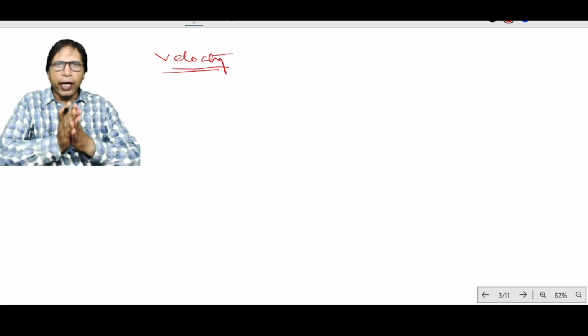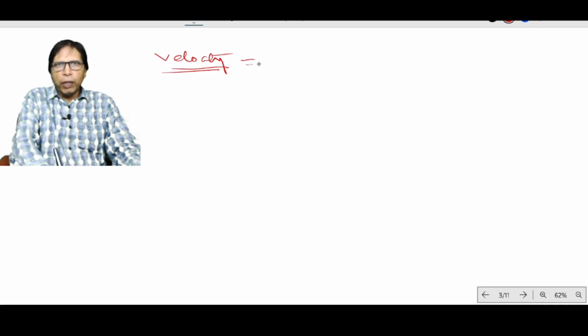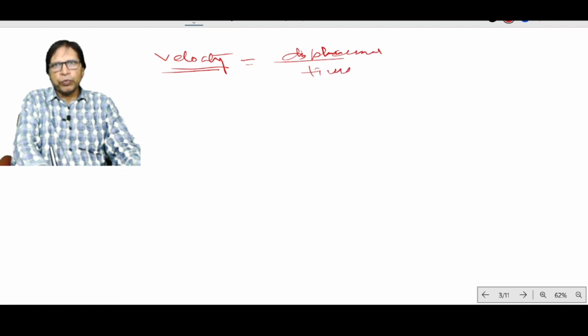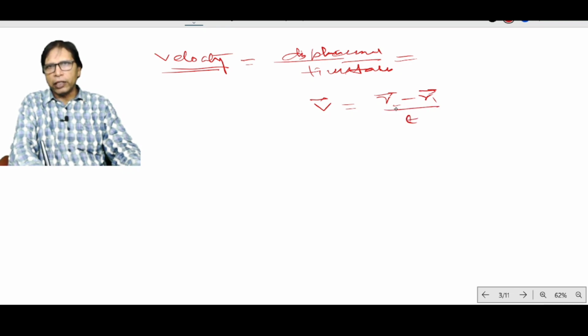Now velocity. Velocity is the displacement divided by time taken. So look at this, velocity v equals displacement divided by time taken. Okay, look at this. If r1 and r2 be the initial and final position of a particle, then velocity vector v is r2 vector minus r1 vector divided by t.